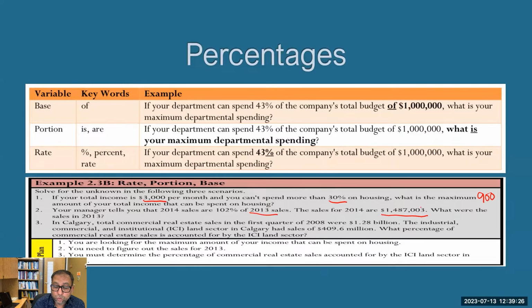So what we have to do, we divide this number by 102 and we get the appropriate number. Or if I try to find it out with the help of a calculator, it's going to be 1487003 divided by 102.